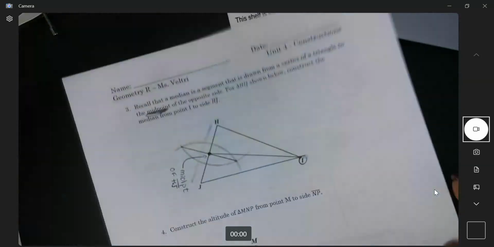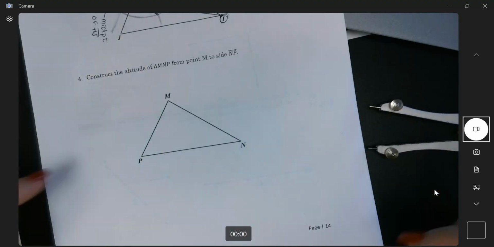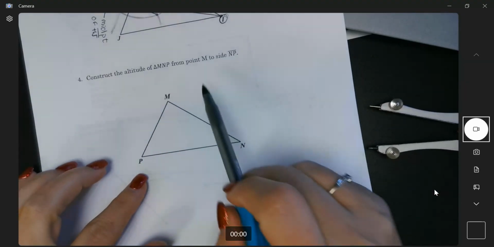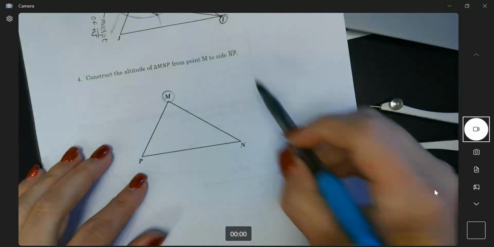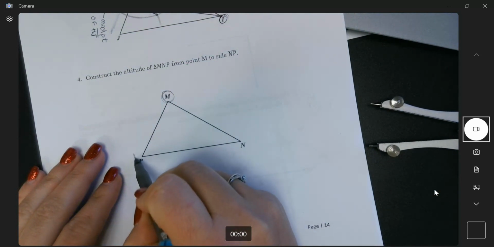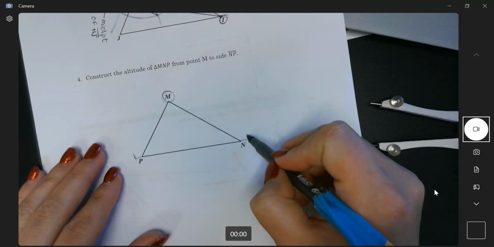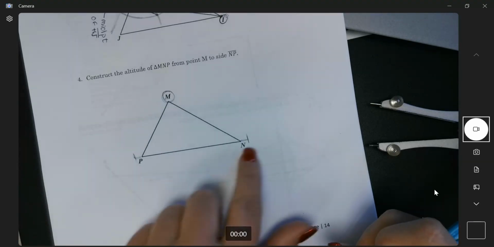That's the median. Now we're going to take a look at number 4, because we're constructing an altitude of triangle MNP. It says to go from point M, so this is our starting point, to side NP. So we're focusing on this side here. An altitude is very similar to a median, except it's not connecting to the midpoint. It's just perpendicular to the side PN here.